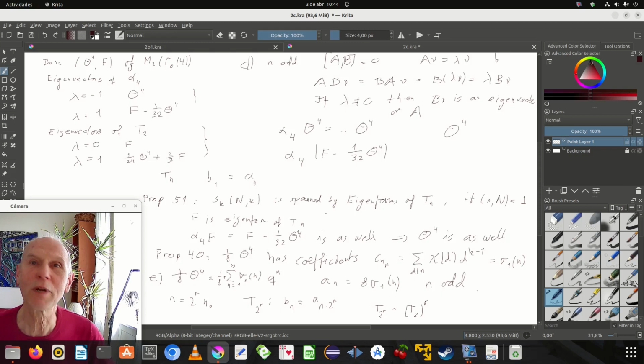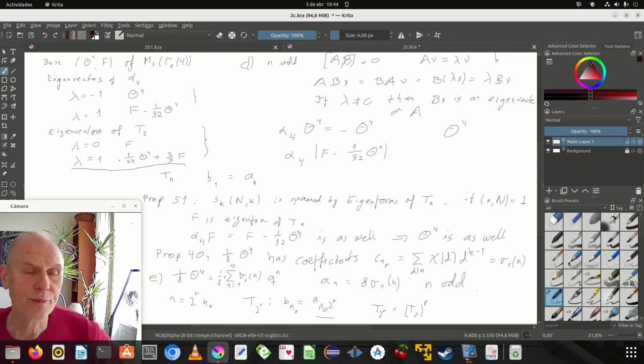I remembered a complicated formula from the book, but that holds when 2 fails to divide n, and this is the case where it does, so this does hold. And that means that this should be n naught. This is the coefficient we want.